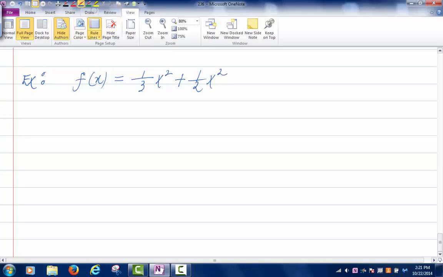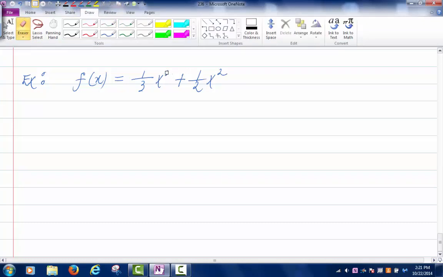Sorry, I meant to write cube here, and another mistake, minus 2x. So let's say I have this function, and the question is: find the critical points (CT PTS) of f of x.